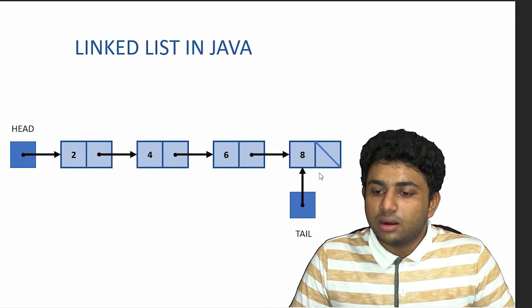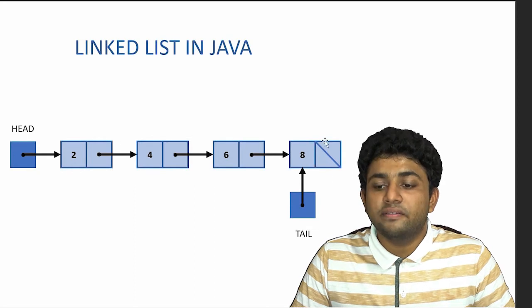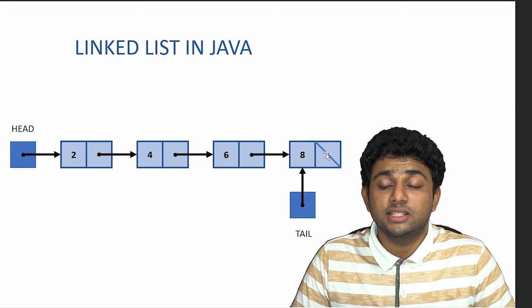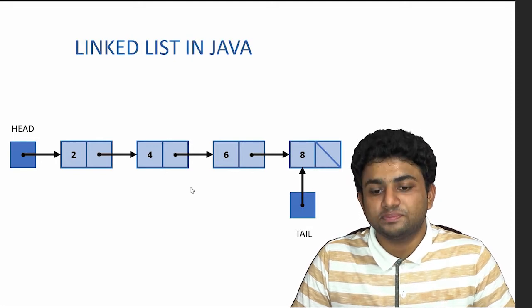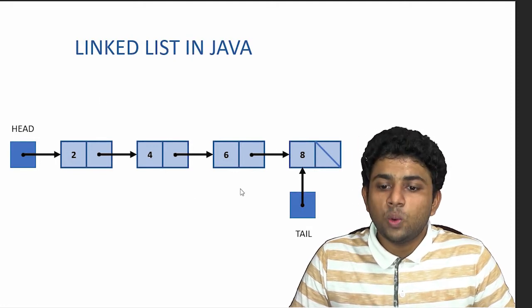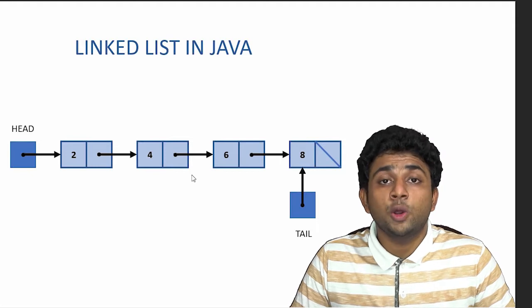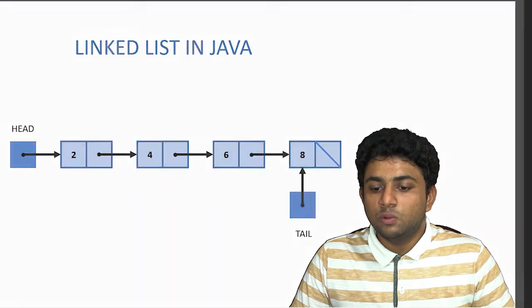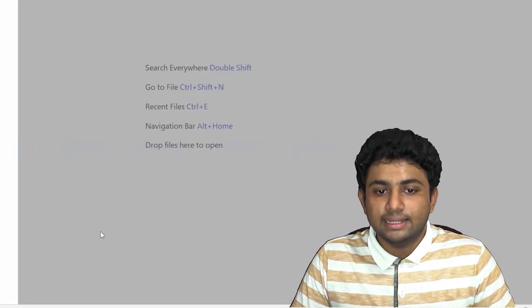And the last node will always reference null because it won't have a reference to a node; we're going to call it the tail. Just imagine if we don't have any elements, it means we don't have any nodes, then the head will be null. So let's move on to our code in Java.